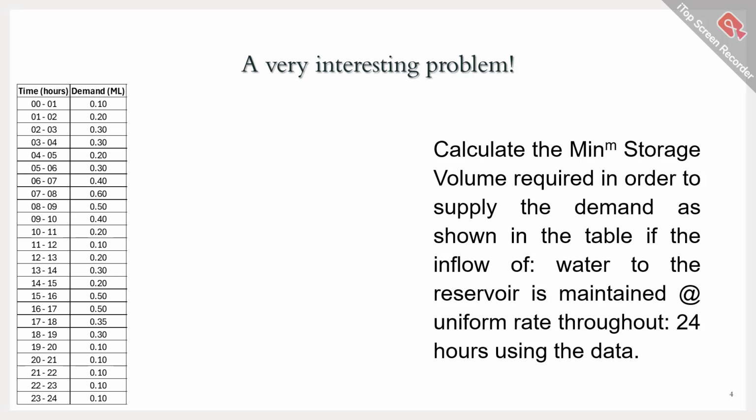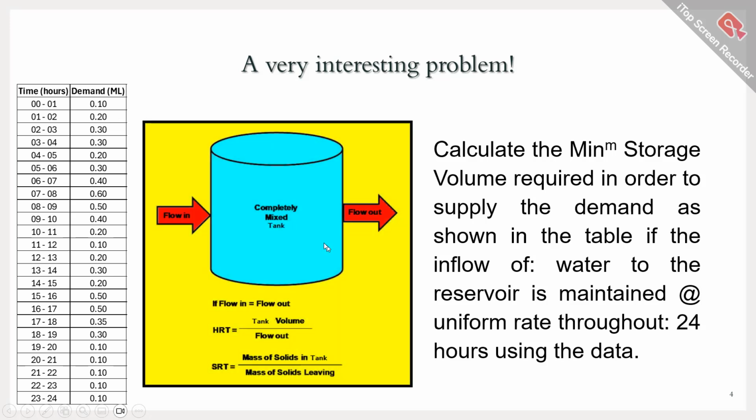Okay, now here one data is given. If the inflow of water to the reservoir is maintained at uniform rate, that means if you remember one problem that we calculated in one of our earlier classes, it was a mixed tank problem where the flow is coming in and flow is going out. So at the steady state condition, the flow in will be equal to the flow out.